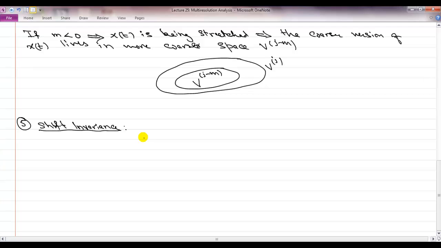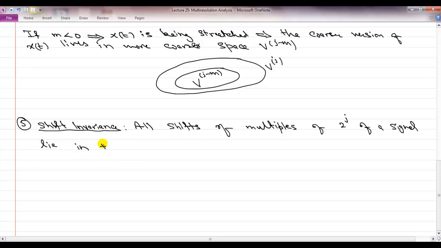Shift invariance says that if I shift my signal by some multiple of 2 to the j, then that shifted version lives in the same subspace. So all shifts of a signal by multiples of 2 to the j lie in the same subspace.